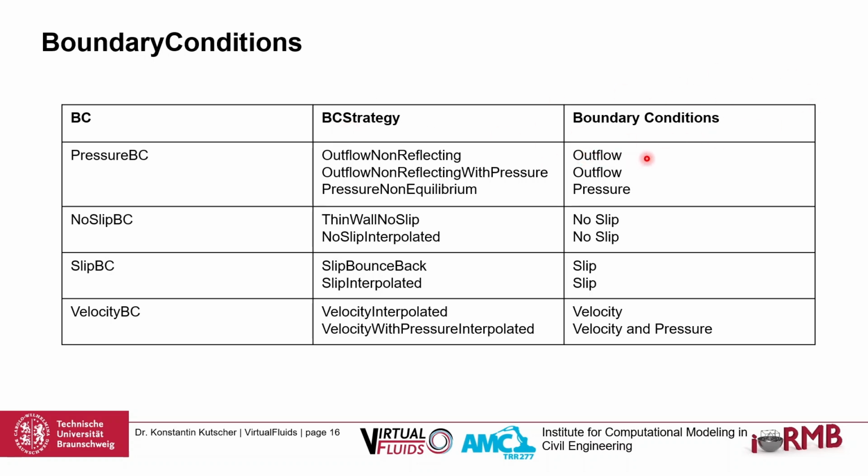In this old legacy implementation, the boundary conditions were part of so-called boundary nodes, and the implementation of boundary conditions was in one very large class, and everything was implemented with a switch construction and simple switch cases, for example, no slip with this implementation, velocity with this implementation.